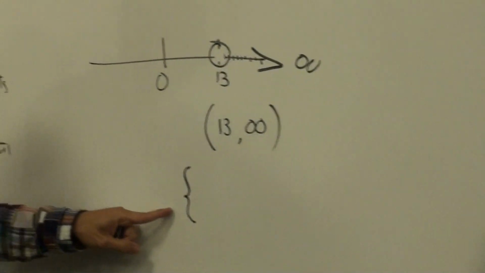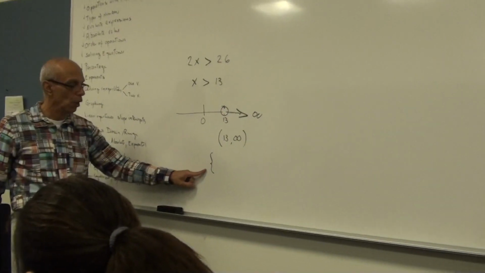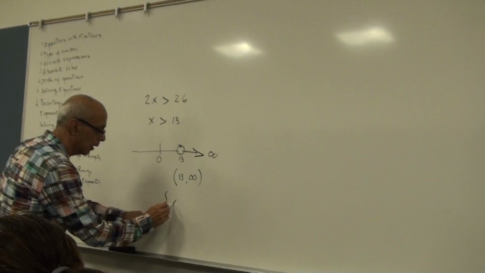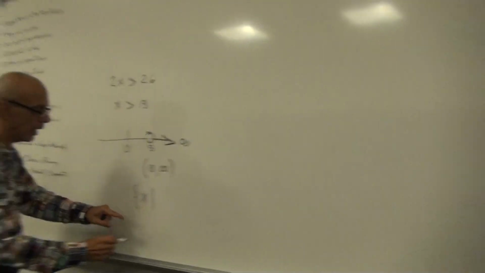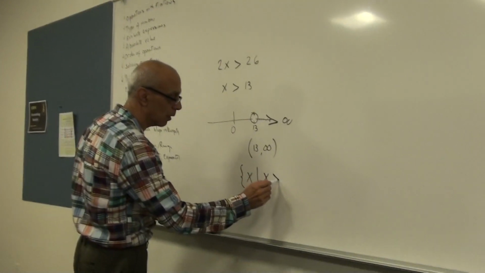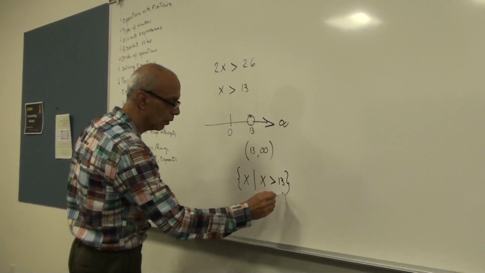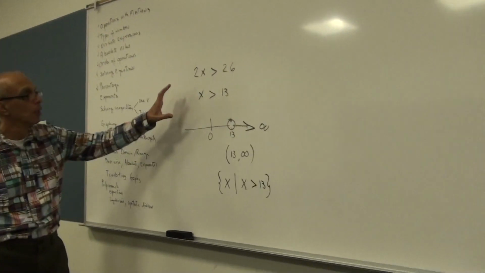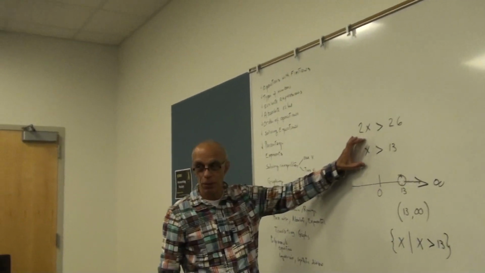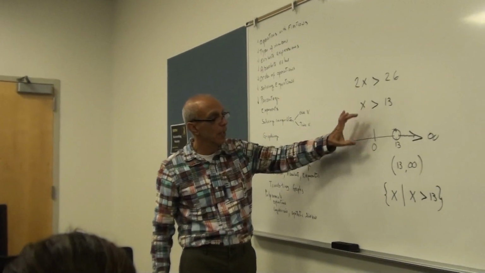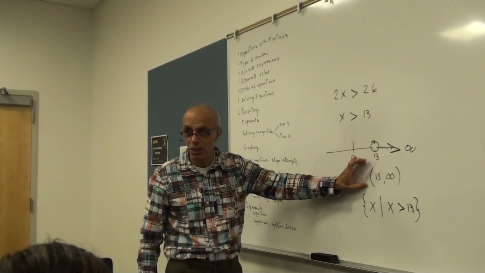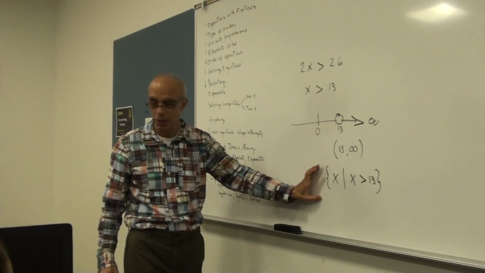So this represents the set of numbers x such that x is greater than 13, okay? So it's important to know, you can answer this way, you can answer graphically, you can use interval notation, or you can use set notation.